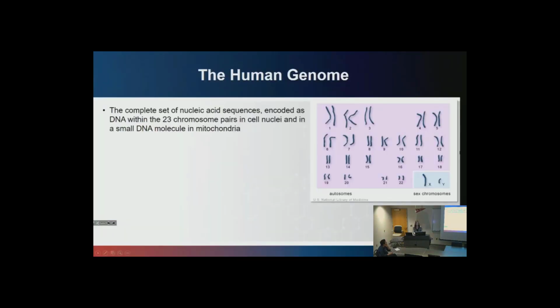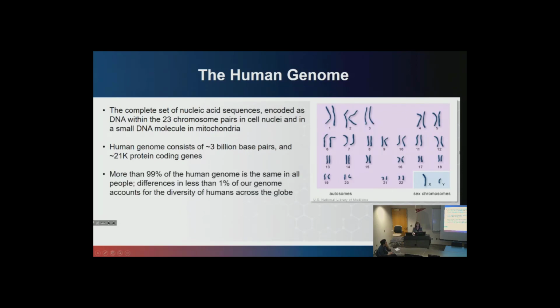So the human genome refers to the complete set of nucleic acid sequences encoded as DNA within the 23 chromosome pairs in cell nuclei and in a small DNA molecule in mitochondria. It consists of about 3 billion base pairs and contains about 21,000 protein-coding genes.